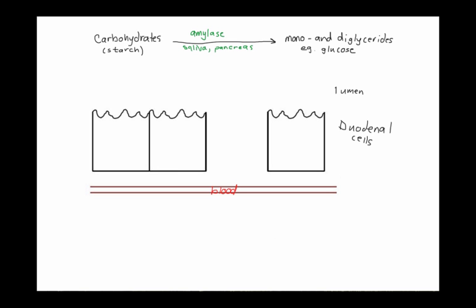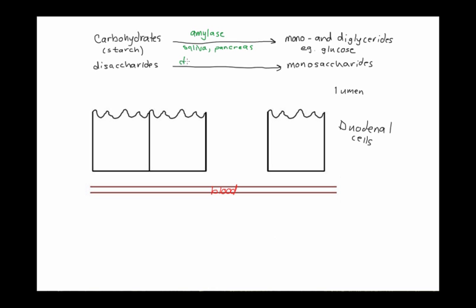So let's do one other class of carbohydrates. Disaccharides have to be further broken down. So to give you an example of how you can sometimes figure out enzyme names, disaccharides are broken down into monosaccharides, and the enzyme that breaks down disaccharides is called a disaccharidase.